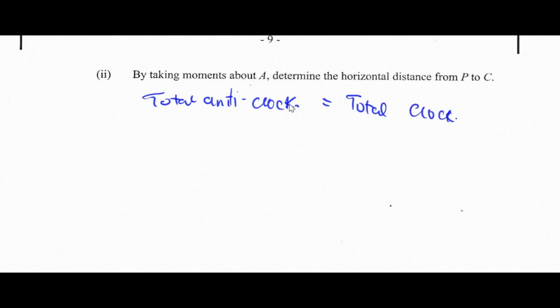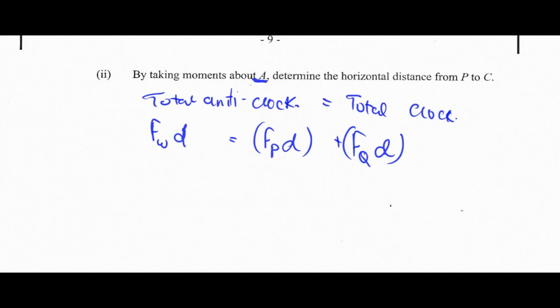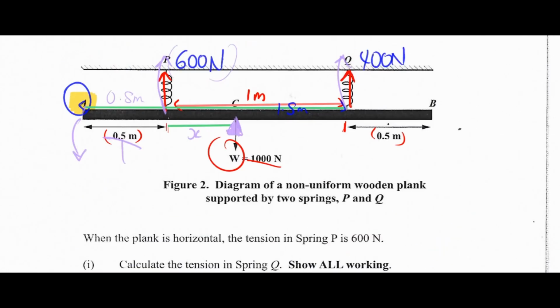And that would mean that the total anti-clockwise moment would be the downward force, so Fw multiplied by the distance from A, which would be equal to the force P multiplied by the distance from A plus the force on Q multiplied by the distance from A, because they told us to take the moment at A. So the pivot is not at Q but rather at A. So that's my bad. I apologize. So the pivot is at A.